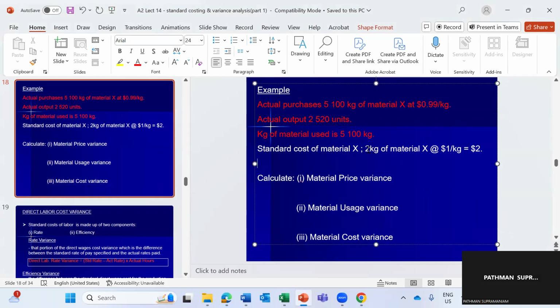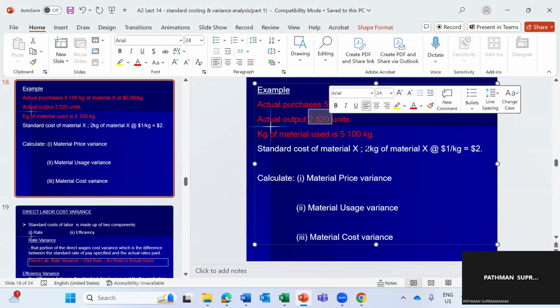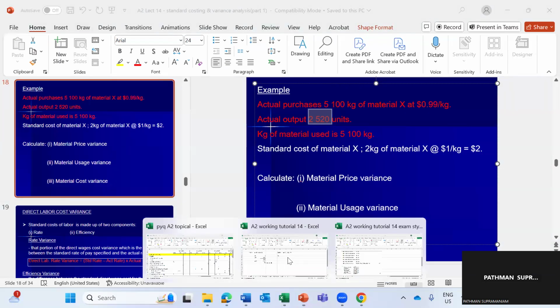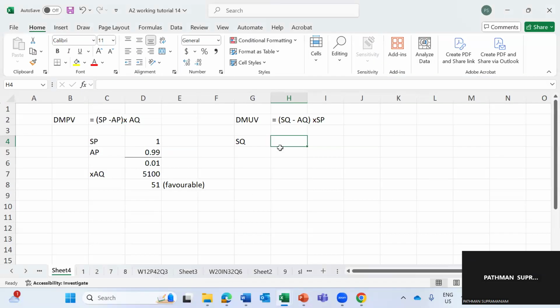So the standard says 1 unit we should use 2 kilograms. So if you follow the plan, to make 2,520 units, we should be using 2 times 2,520 kilograms. So we should be using 5,040 kilograms.